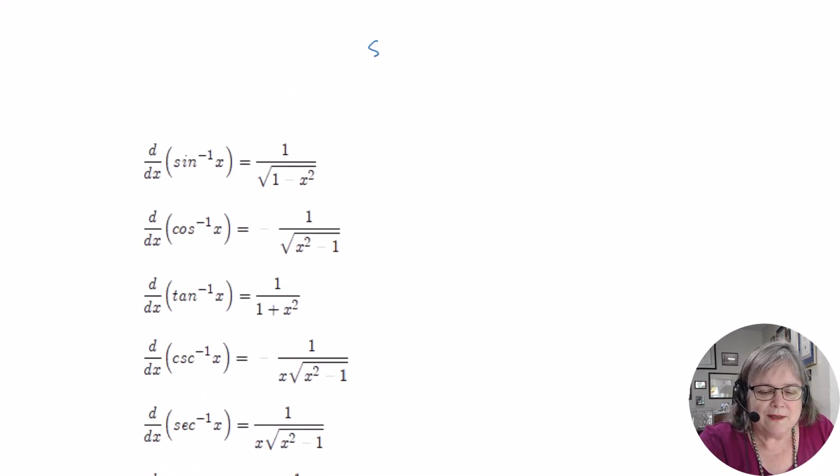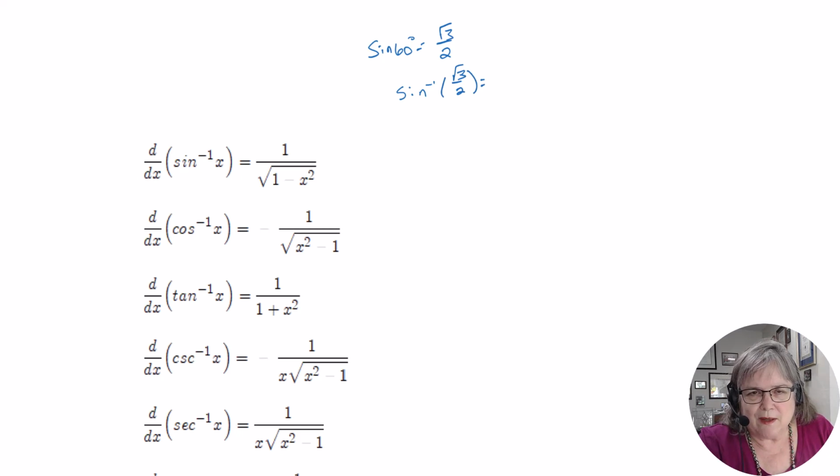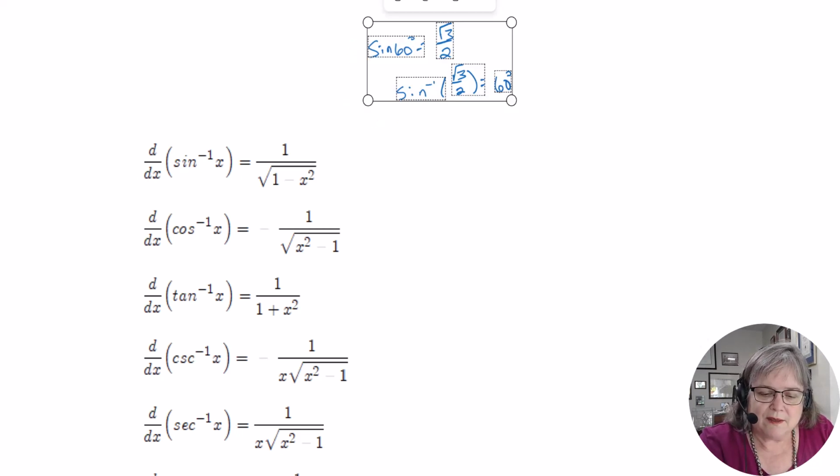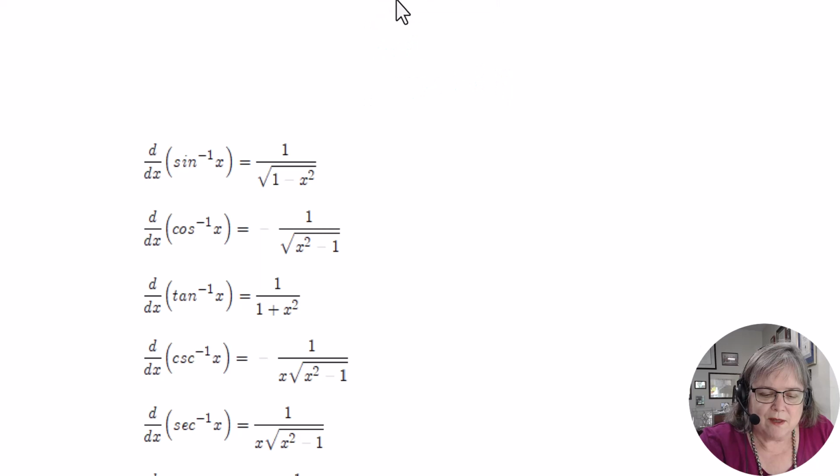If you say sine of 60 is the square root of 3 over 2, then the inverse sine of the square root of 3 over 2, well, there's actually two quadrants where that could happen, but we would reverse this one back to 60 since we know that's where we started. All right, so that's what it's doing. And some of y'all may have learned it instead of saying inverse sine with this -1 right here.